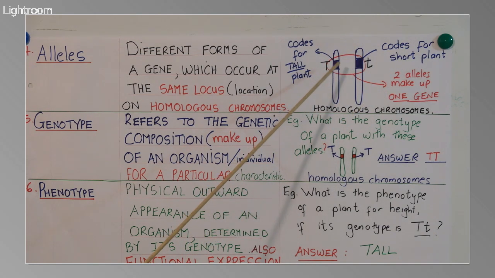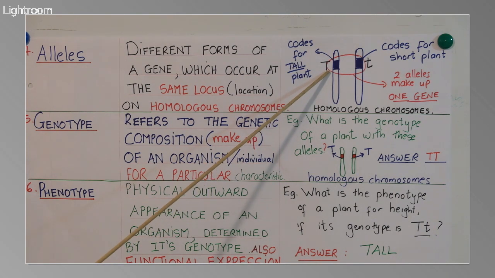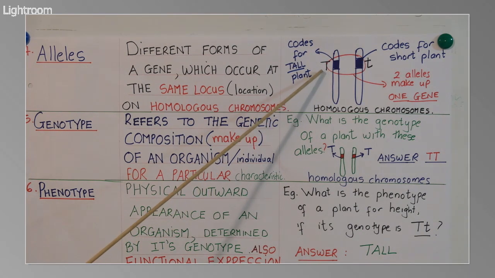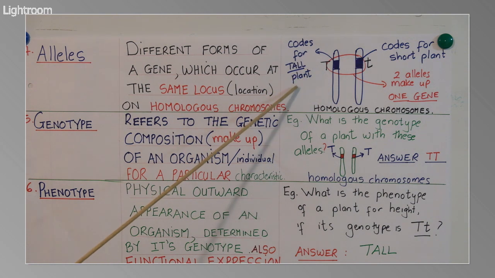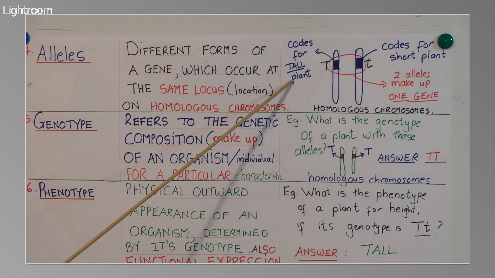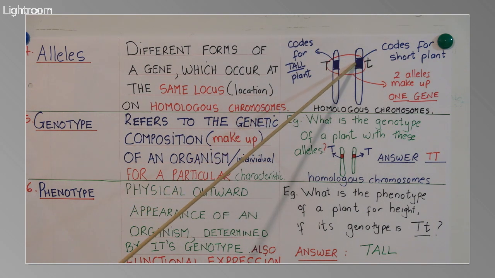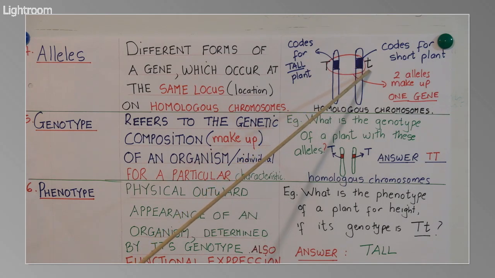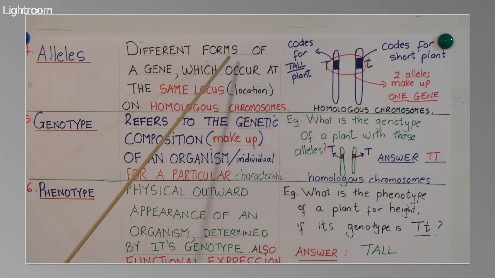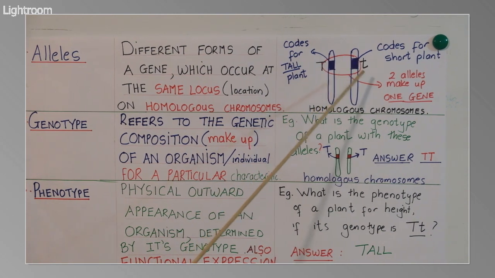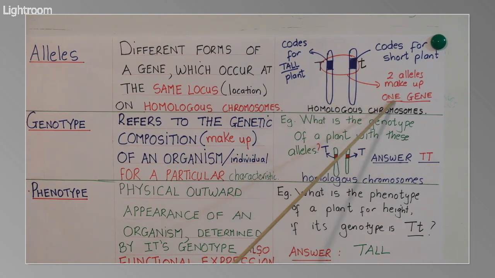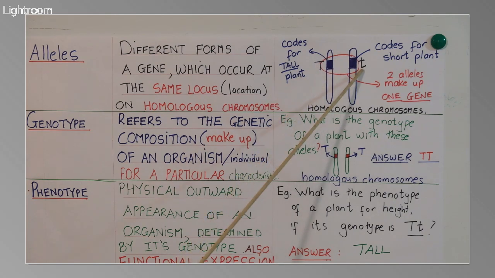For example, this allele is represented by capital letter T because it codes for tallness in the pea plant, and this allele is represented by the small letter t because it codes for shortness in the pea plant. So these alleles are actually different forms or alternate forms of the same gene. It's one gene which is made up of two alleles.